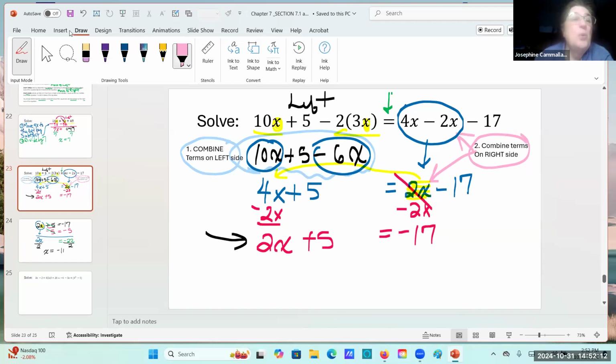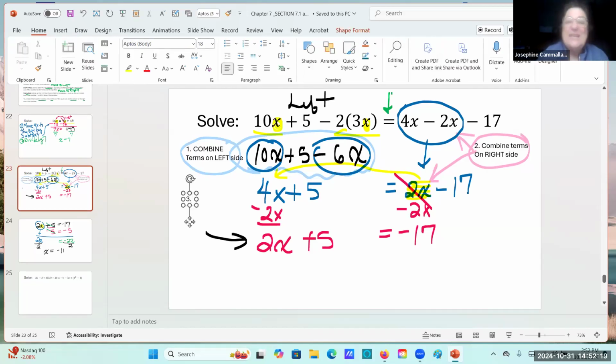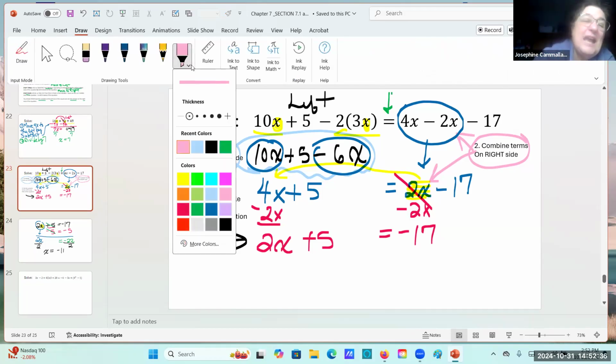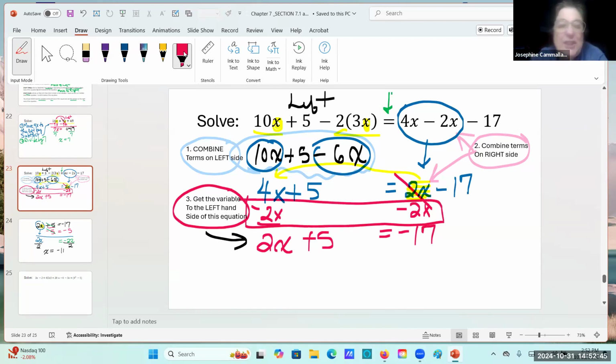Then what I'm doing is step 3. Get the variable to the left-hand side of this equation. That's why we subtracted 2x. This was this line. We subtracted 2x.